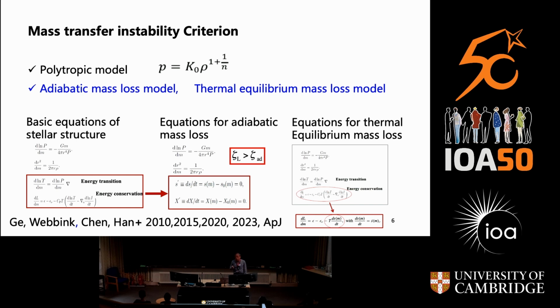For the first problem, the mass transfer instability, in the past, for most of our studies, we used the polytropic model. But we saw later that the results from the polytropic model are not consistent with observations.